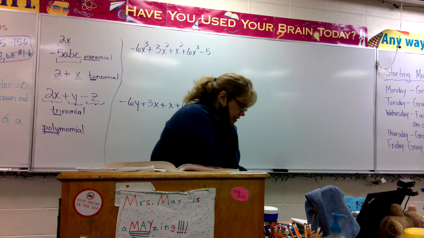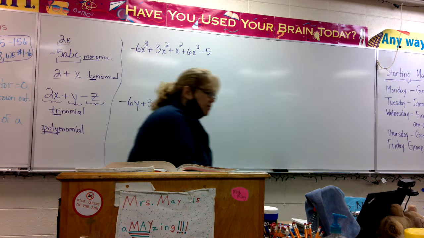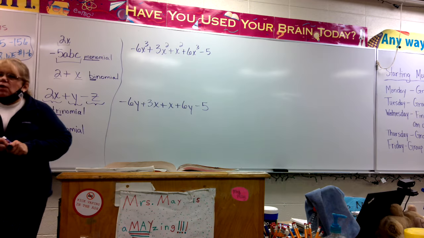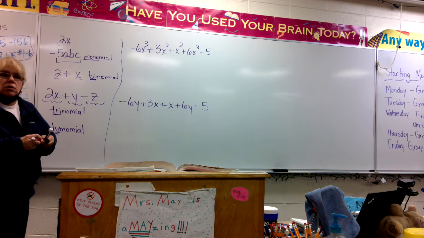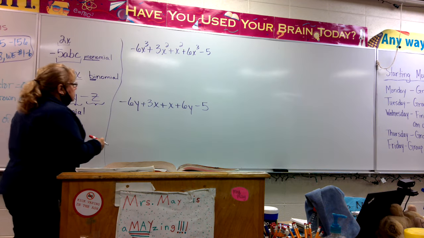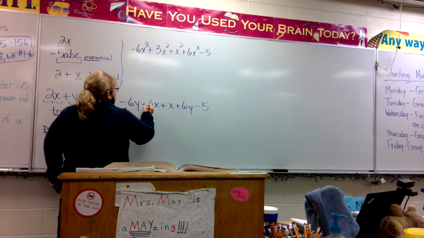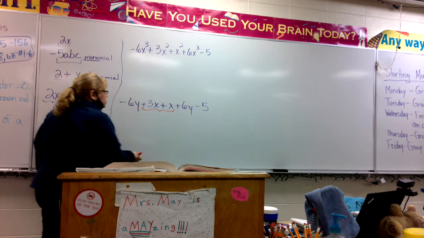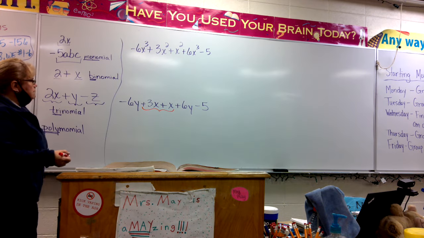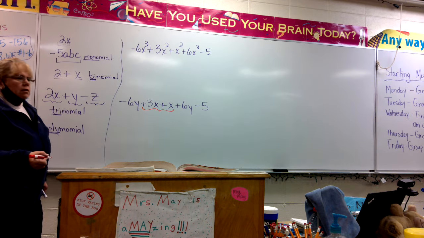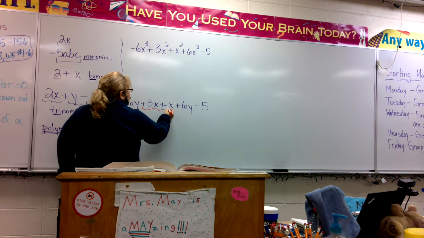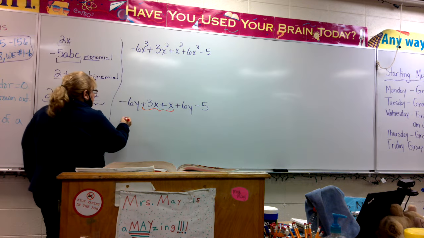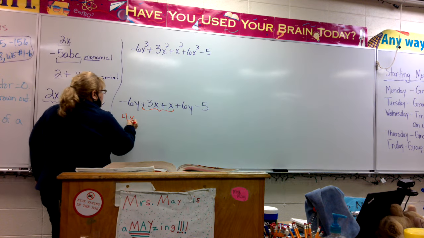Start on the bottom one. If I asked you to add this, just basically combine the like terms, right? You would know how to do that, wouldn't you? What would you do? Well, I've got some x's here. I'd put those together. What would that give me? How many x's do we assume here? 1 plus 3x, what would that be? 4x.